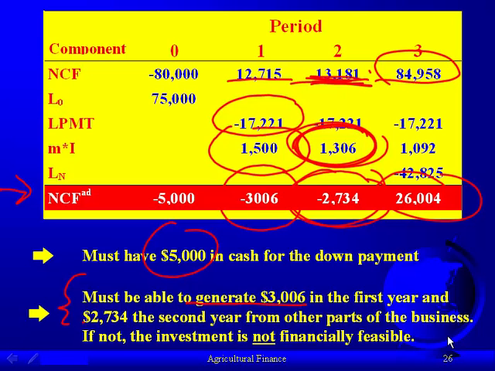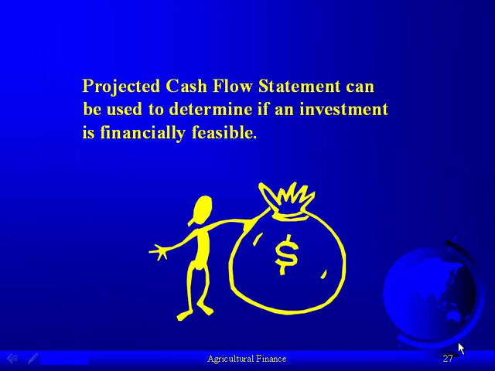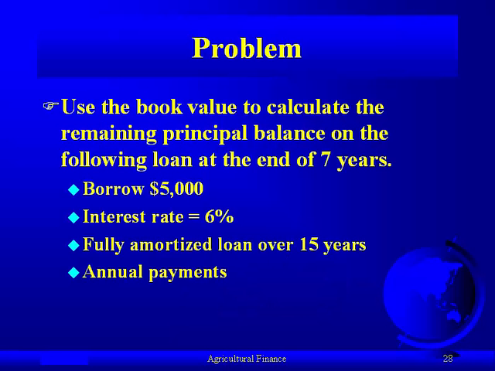If you're projecting out your cash flows, what do you use? Your projected cash flow statement can be then used to see if you're projecting enough surpluses from that business to cover those deficits.